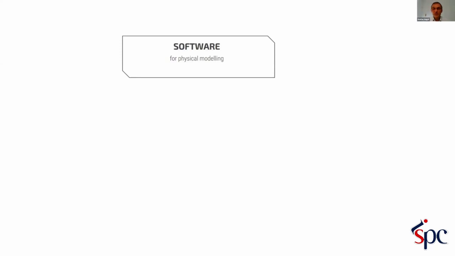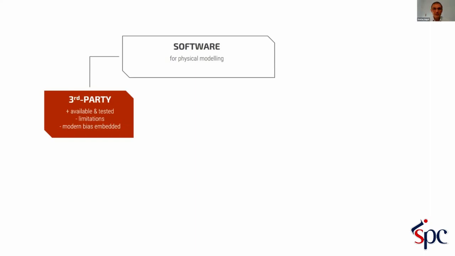What to do? Selecting approaches. Software for physical modeling. There is some software available, of course, which has limitations as to the specific target one wants to employ it for. Available and tested means you may just start to use it after having learned how to use it, but you can't easily extend it.